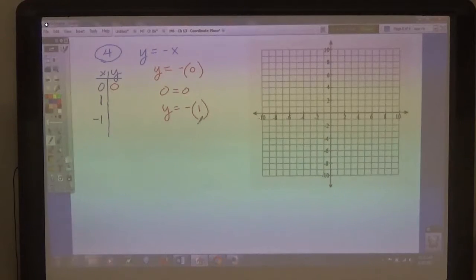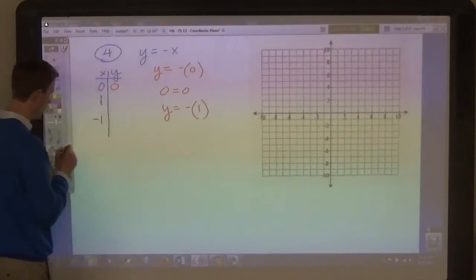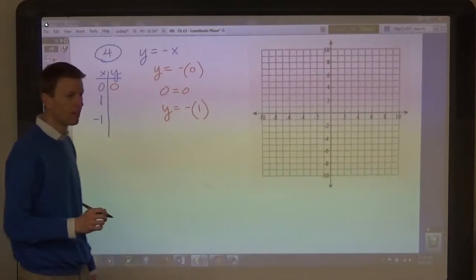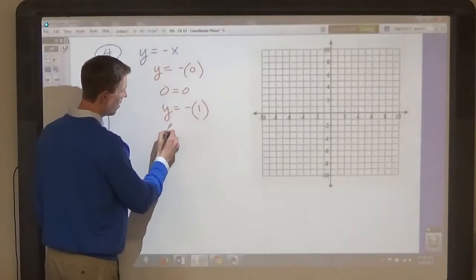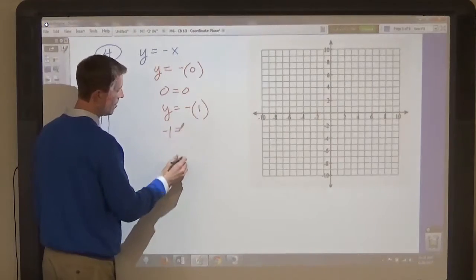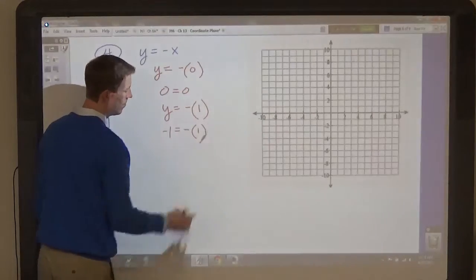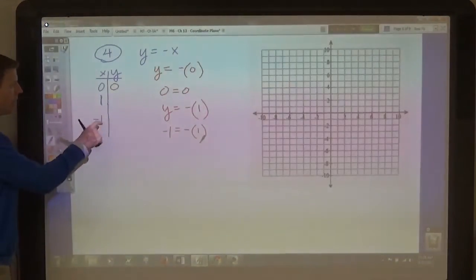What is y equal to in this case? Negative 1. How about negative 1?